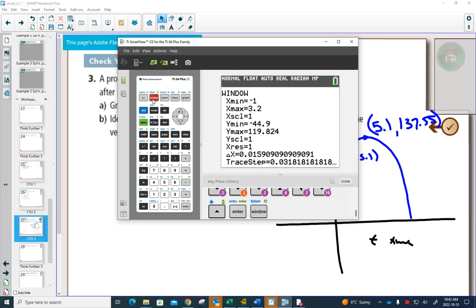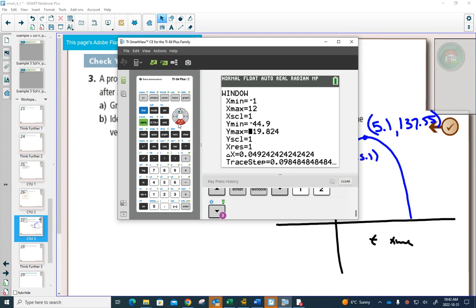So on your calculator, there is a window button. I'm going to cheat a little bit because I saw the answer from Desmos. I know that my vertex is at 5. So for my maximum along my x-axis, I'm going to go a little bit more than double 5. I'm going to go to 12.